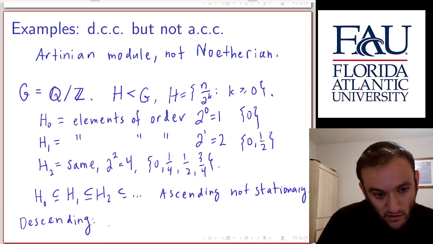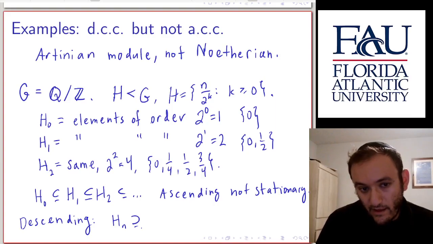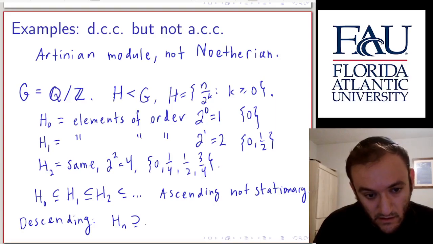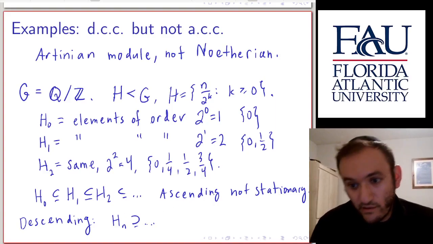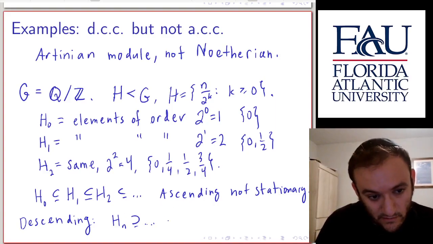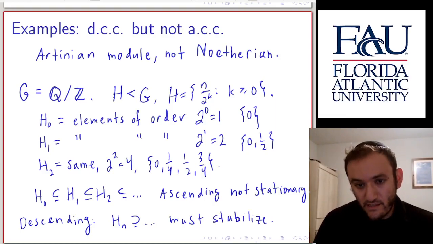So let's say you start with Hn, then there's only so many subgroups strictly contained in this. This n is eventually going to tick down to 0, and then it's going to stabilize. So for that reason, this is an Artinian module which is not Noetherian.